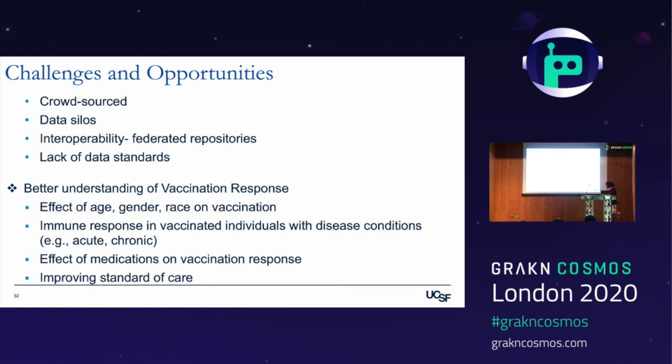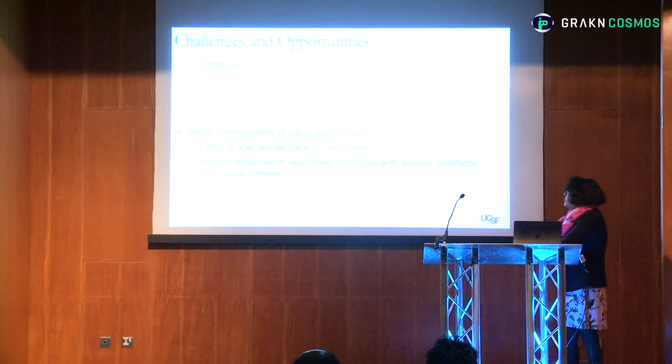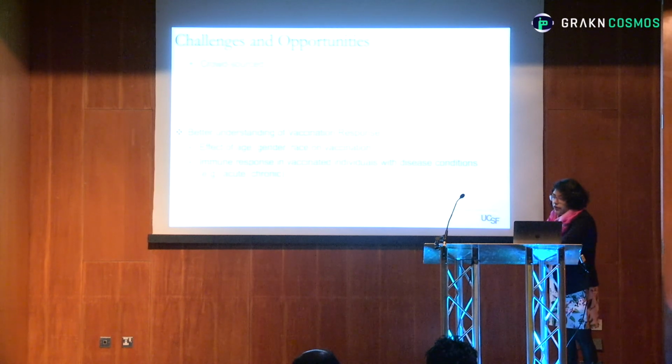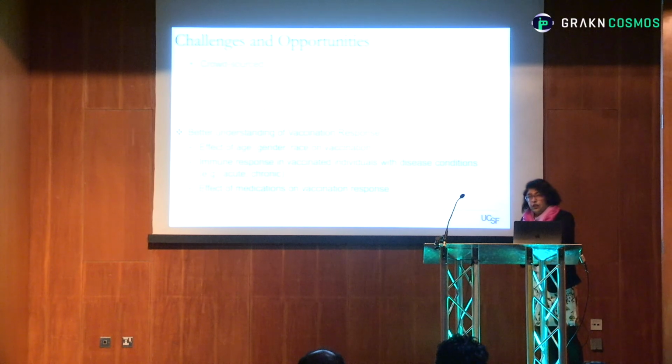For a better understanding of vaccination response, in the realm of what I was showing earlier, I'm trying to understand the effect of age, gender, and race on vaccination. There are a lot of papers that have reported the effects of age, gender, and race, but I would like to know more about immune response in vaccinated individuals with disease conditions like acute and chronic, and so on, and the effect of medications on vaccination response.